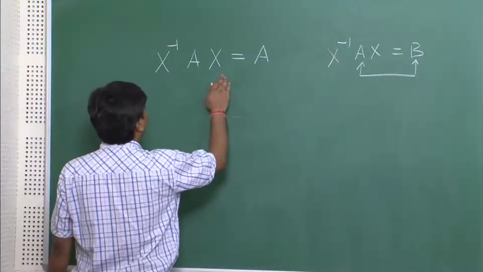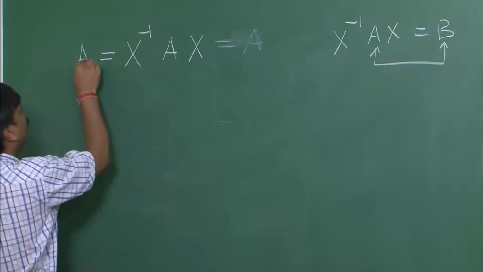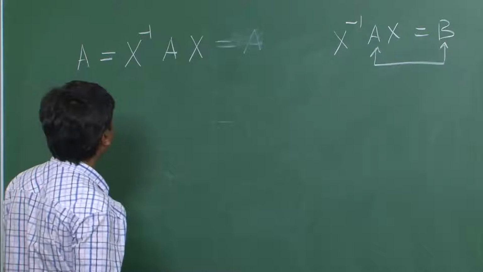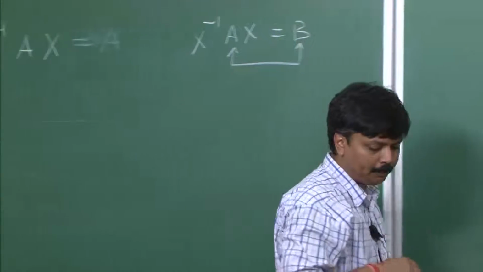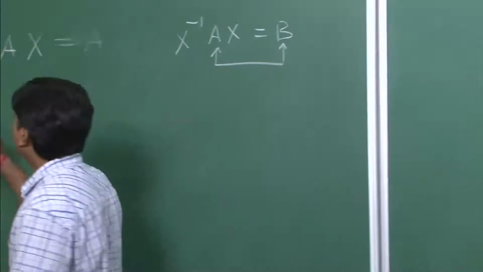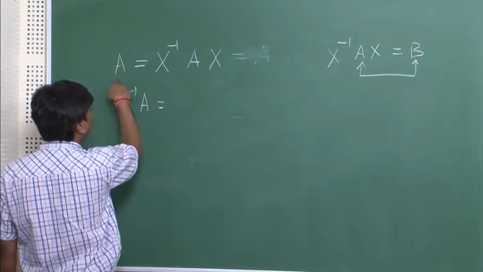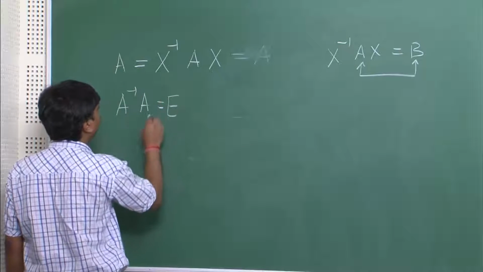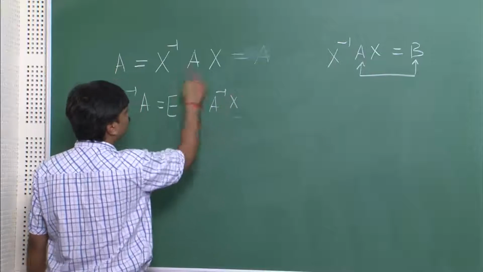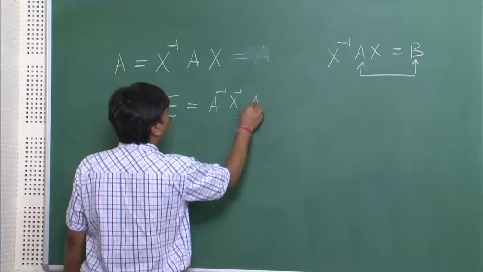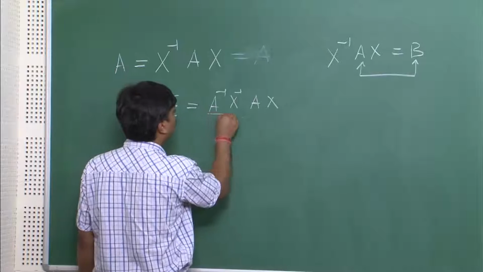If I write it this way and multiply this quantity by its own inverse, that is A inverse, then A inverse A means identity. So that means A inverse X inverse for this part, A X. Now what does this term mean?